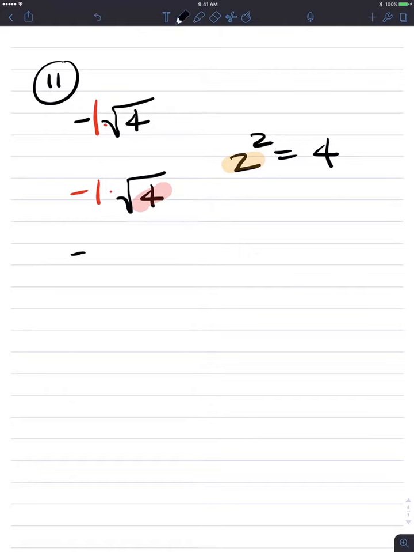So this becomes negative 1 times 2, which will be negative 2. So there's two things going on. We're going to multiply the square root of 4 with the value negative 1 to simply obtain negative 2.